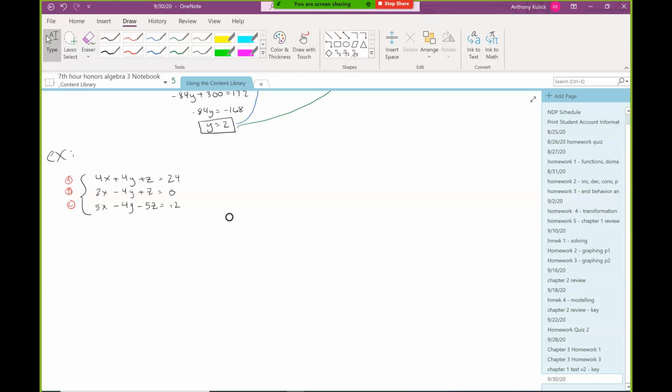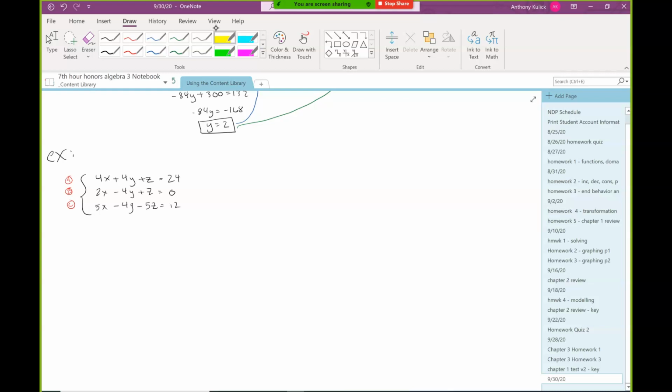So again, what I'm going to do is pick a variable to eliminate. And my goal is to eliminate the same variable from two pairs of these equations. So the first thing I'd want to do is pick a variable to eliminate. And there's an obvious choice here that appears to be very easy. Which variable seems like the best choice?